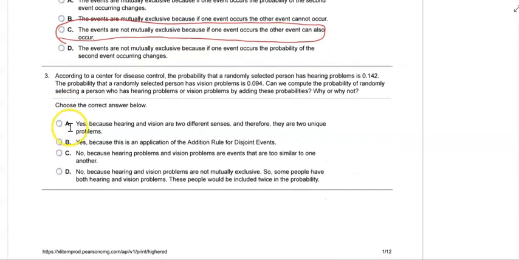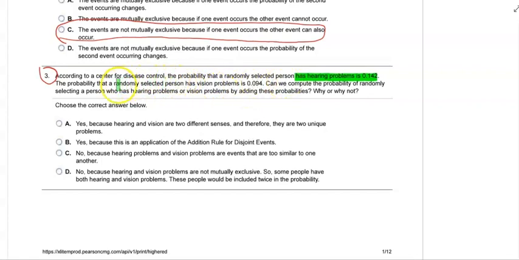Number 3. According to the Center for Disease Control, the probability that a randomly selected person has a hearing problem is 0.142. And the probability that a randomly selected person has a vision problem is 0.094.